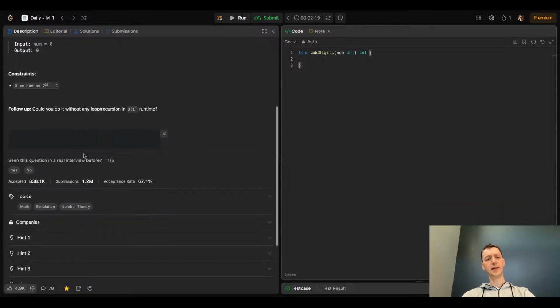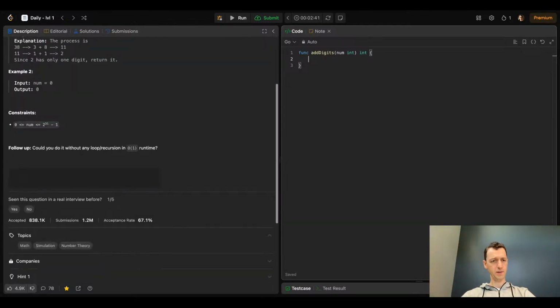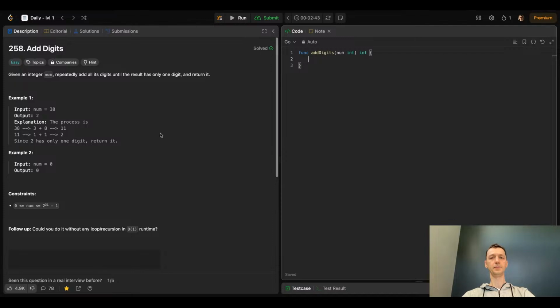Maybe some next day I'll do it iteratively, but here it uses number theory. The constant time solution is based on number theory. Yeah, we all know number theory, right?